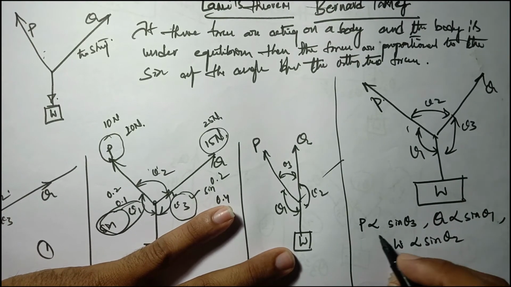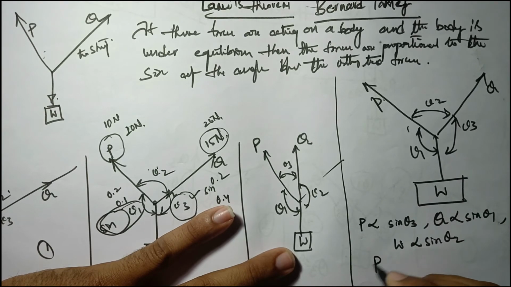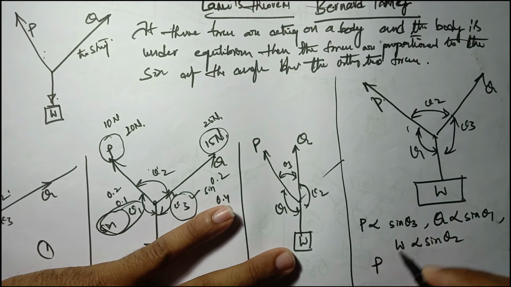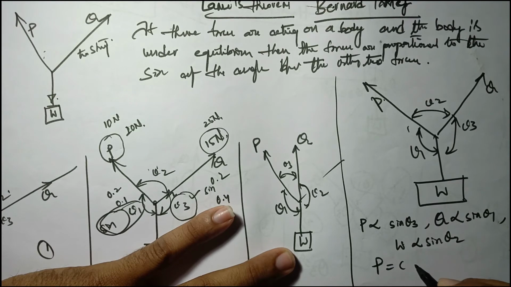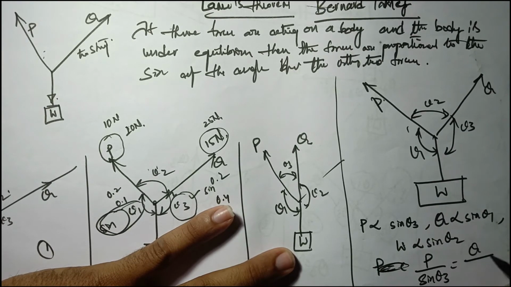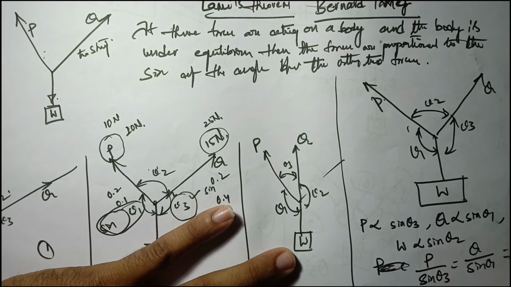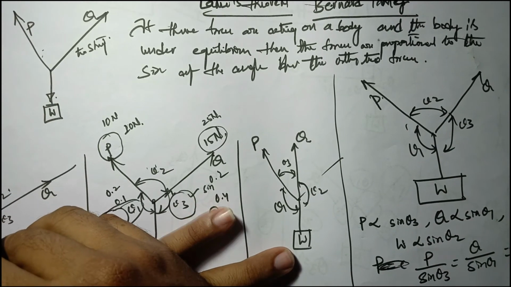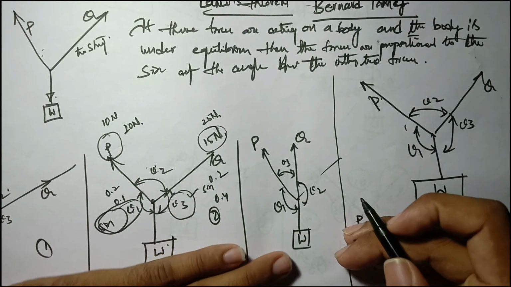If these are proportional, then we can eliminate the proportionality using a certain constant. Ultimately they will become P by sine theta 3 equals Q by sine theta 1, and similarly W by sine theta 2, likewise. Okay, thank you.